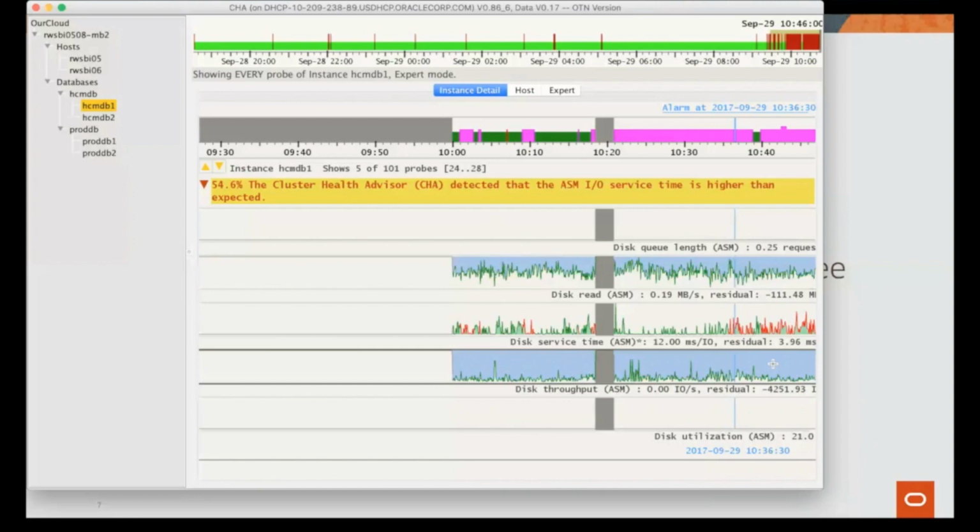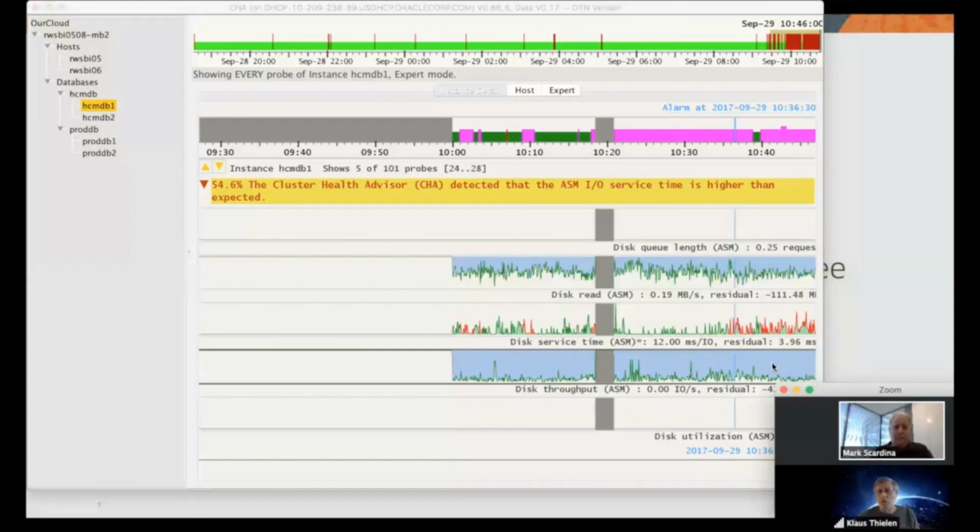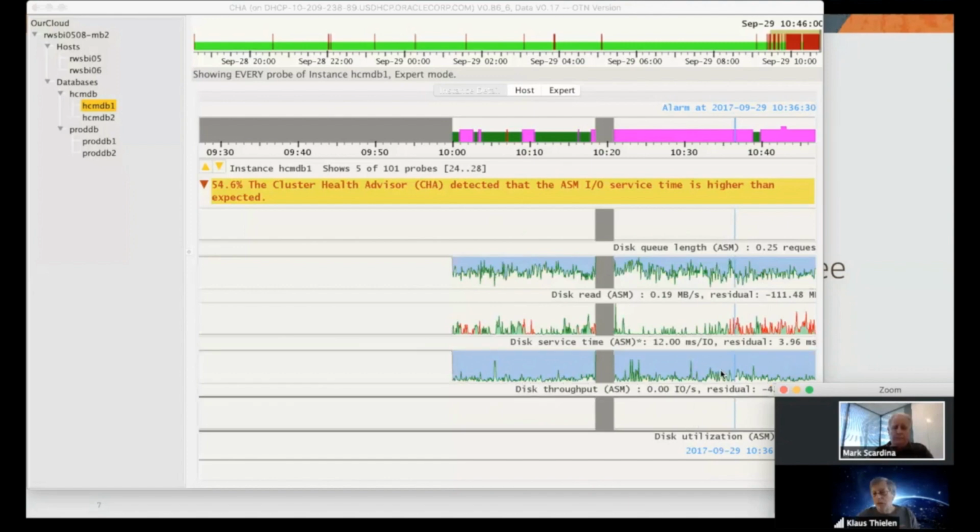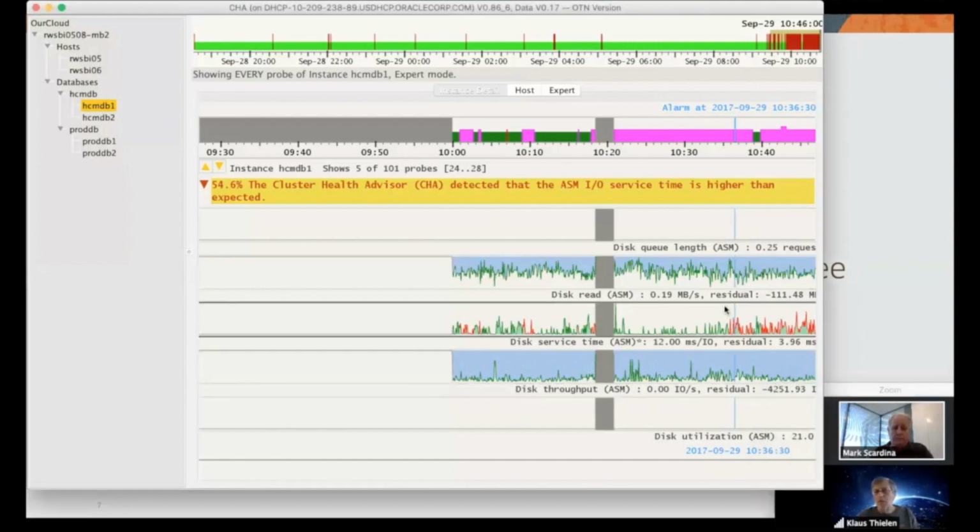The system is calculating the value based on the observed values in real time, and we compare this to the observed value, and this is the residual for that point in time.